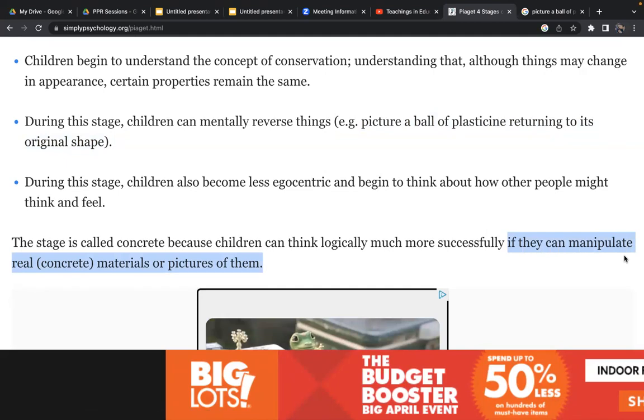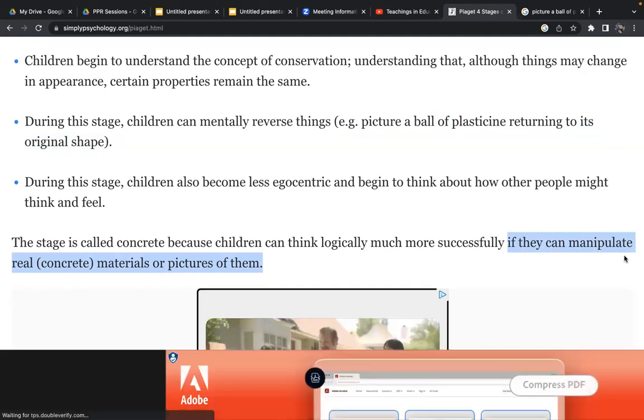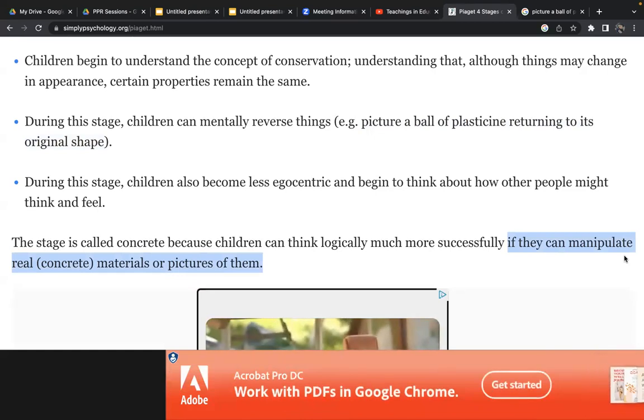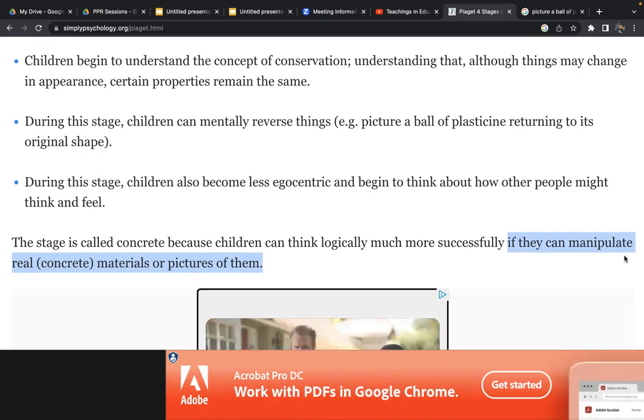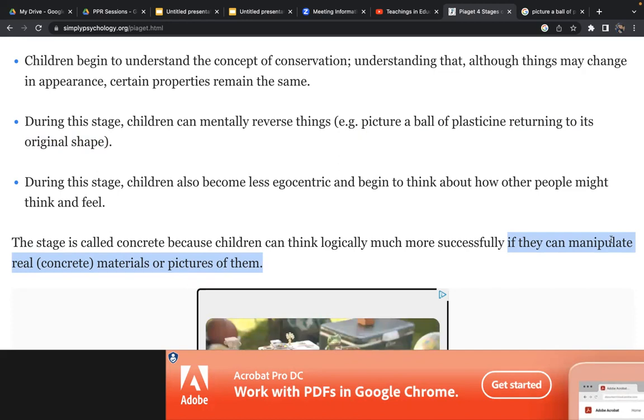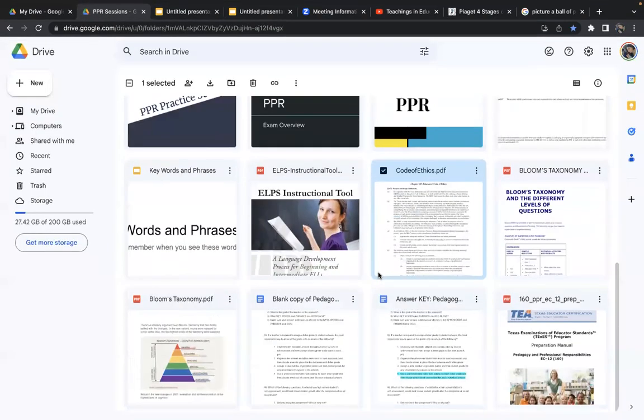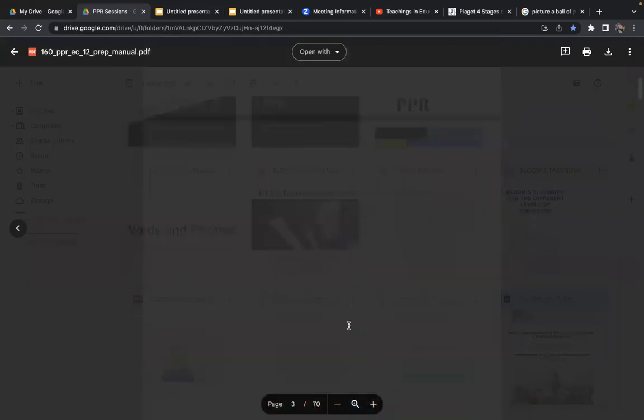So they'll ask you, Miss Sauceda's 3rd grade class is doing such and such. What is the most appropriate activity for her to use to complete her task? And it's going to be something that includes real concrete materials where they can manipulate. I'll pull up right now the question, and it's going to be in their handbook.